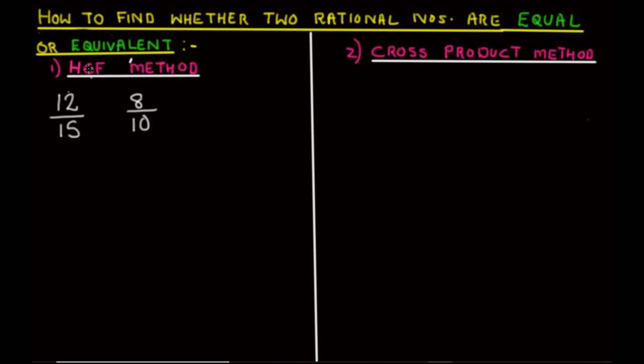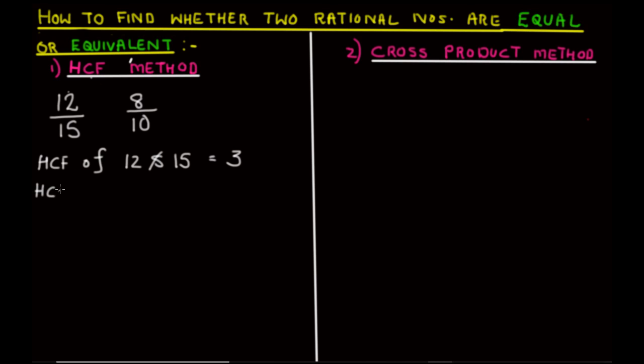Since we are following the HCF method, the first step towards solving this is to find the HCF of 12 and 15. So what's the HCF of 12 and 15? It is 3. What about the HCF of 8 and 10?